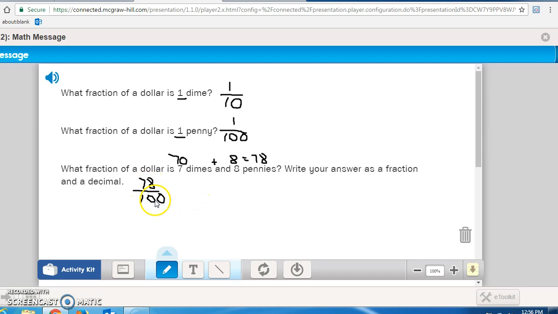So how do I write 78 hundredths? Well, I don't have any holes. I have my decimal, and if I write 78, my last number 8 is in the hundredth spot, so I know that I have 78 hundredths correct if I write it 0.78.